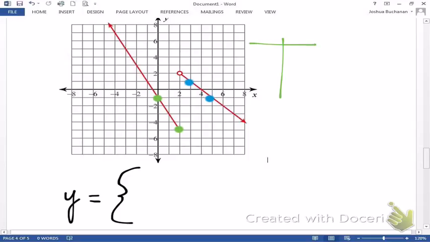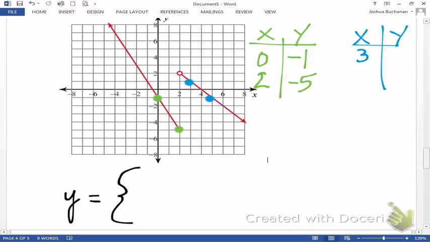For our first equation, the 2 points look like 0, negative 1, and 2, negative 5. For our second graph, the points look like 3, 1, and 5, negative 1. So we're going to find the y equals mx plus b equation for both of these by using our calculator.